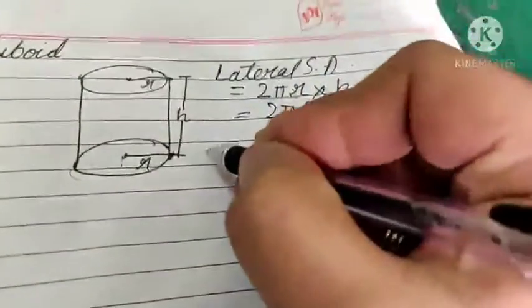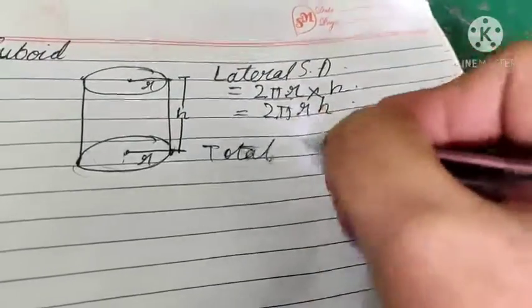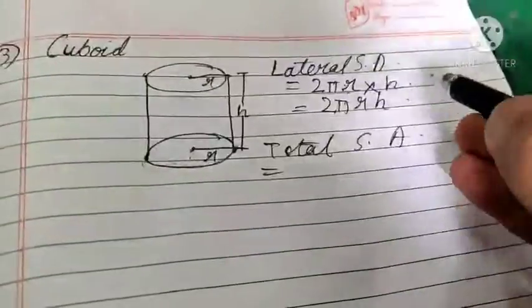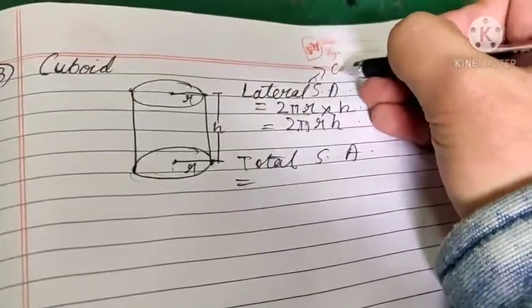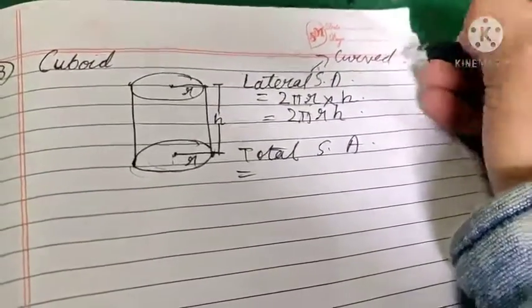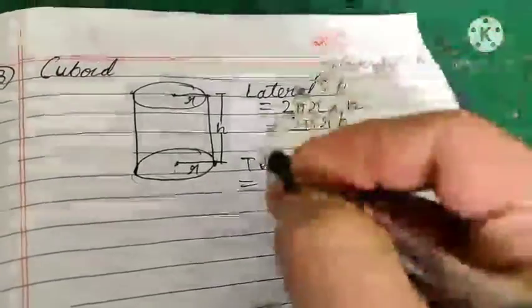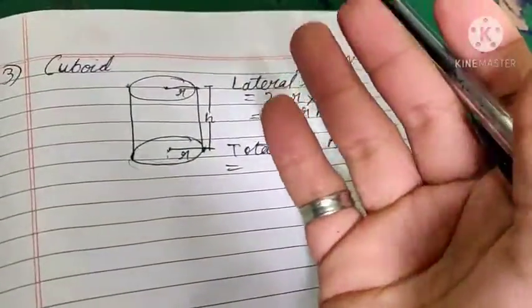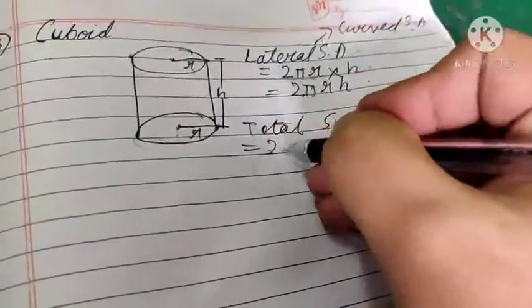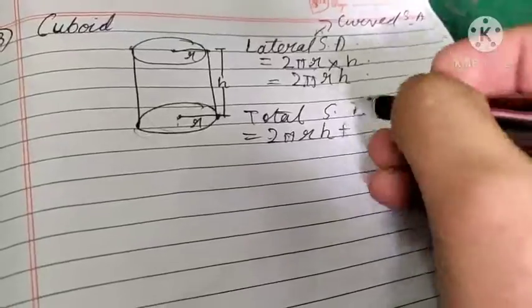Okay, and now we will talk of total surface area. Total surface area of a cylinder includes this curved surface area, that is lateral surface area. Lateral surface is also called curved surface area. So this lateral surface area means the area of the walls all around. And then the top and the base means the area of floor plus area of top.